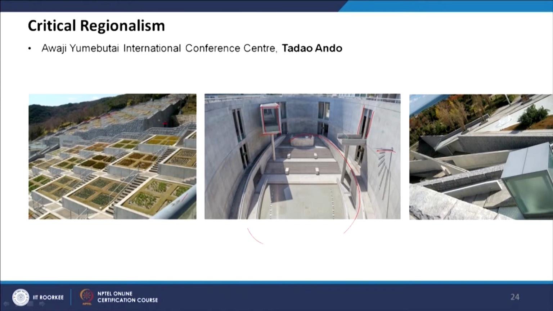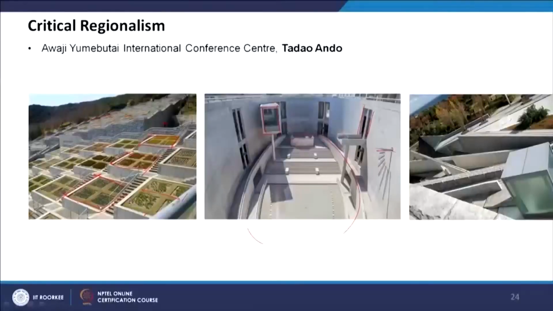The buildings are within this roof garden, and these are squares, which come from his minimalist approach of design. A square is the pure form, but these squares all together, with each square again divided with another square, create a continuity with the terrain landform.